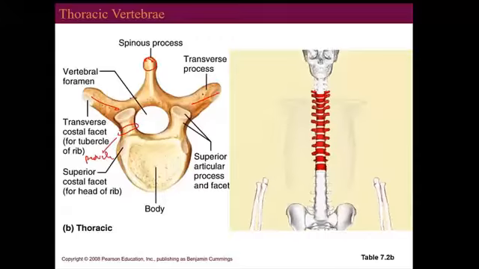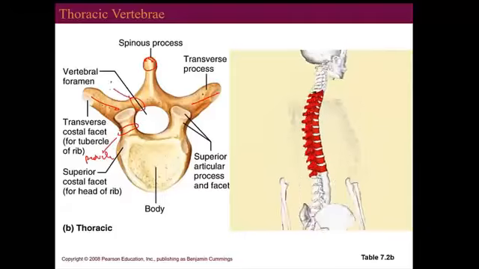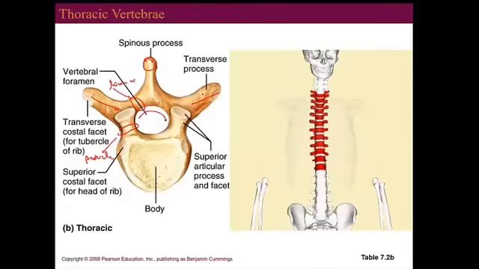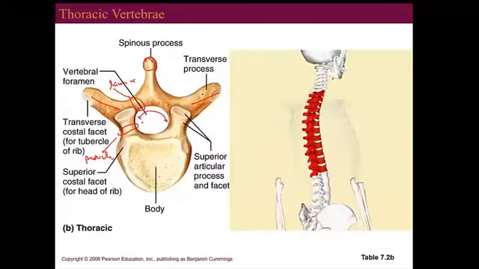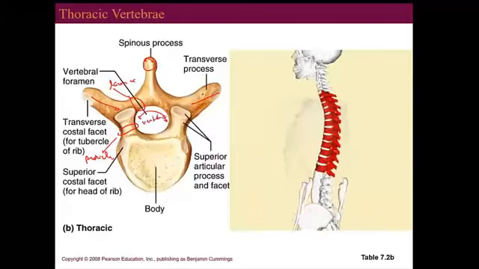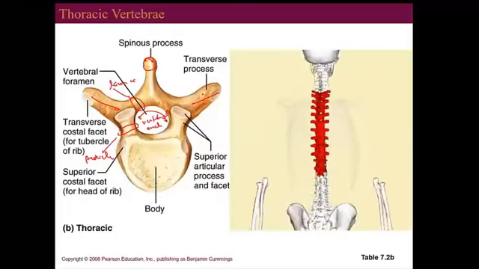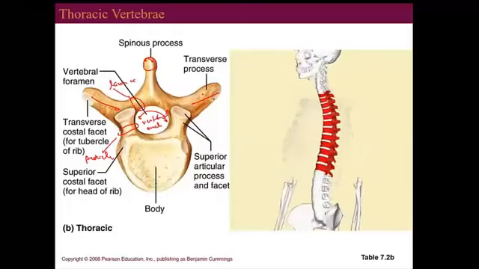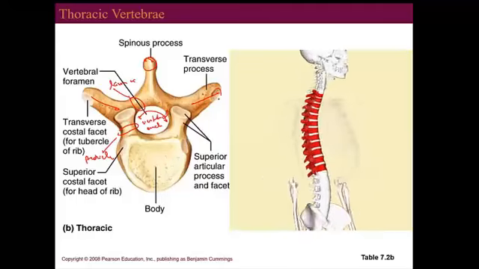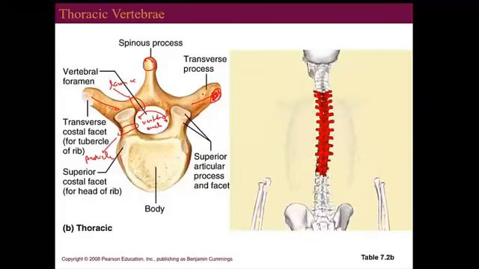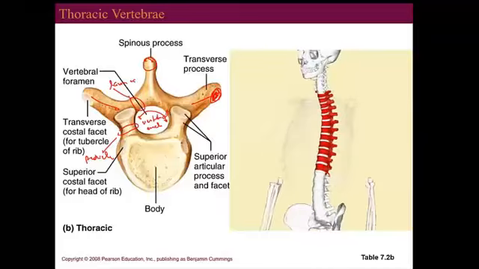The part of the arch here is called the lamina, and this is going to be the vertebral arch. Then you have your facets that are located here, on the transverse process and in the body.